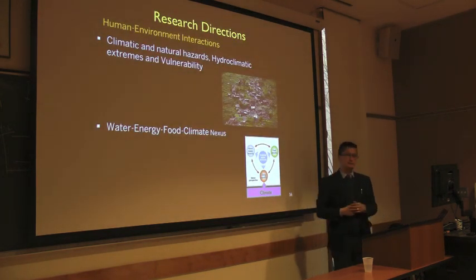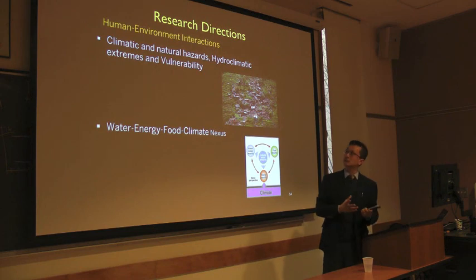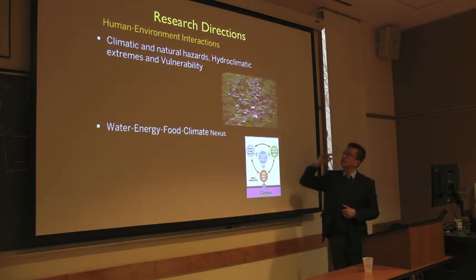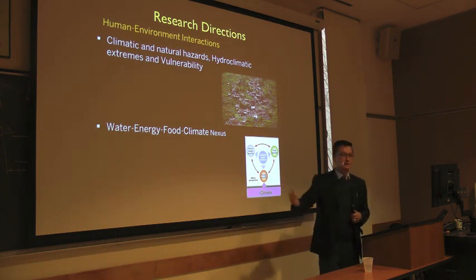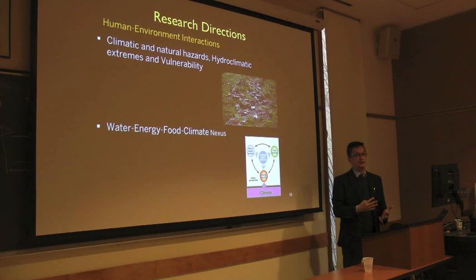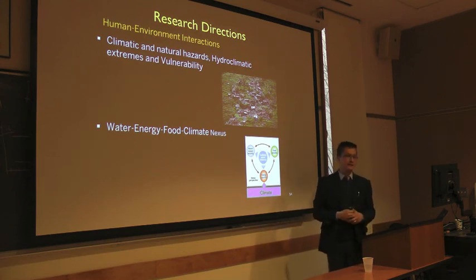And finally, I'm certainly interested in the human-environment interaction overall. That's sort of the ultimate goal. As I explained earlier, yes, the climate extremes and vulnerability are increasing, but how does that interplay with the social and economic data, the political economy of that region?